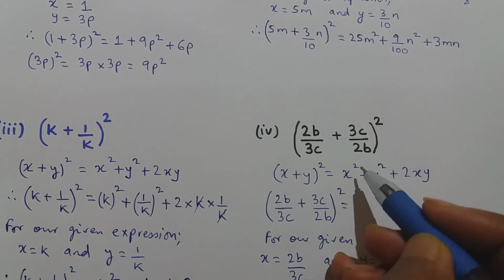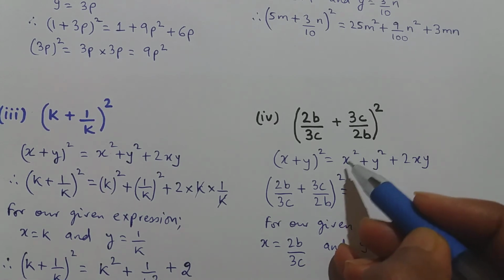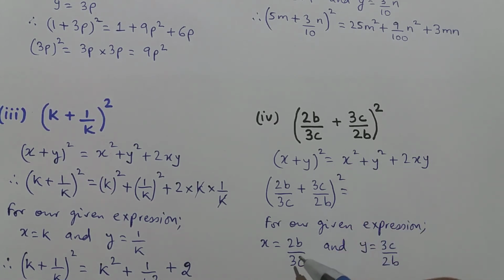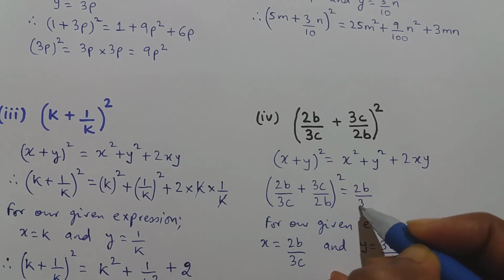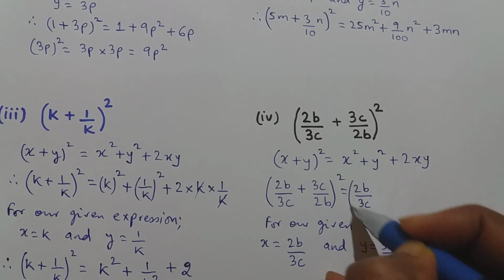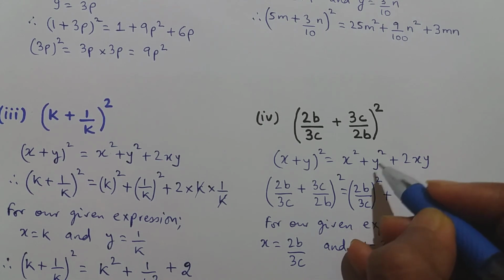Here it is x square, and we know x is 2b upon 3c, so x square will become 2b upon 3c whole square, plus y square.